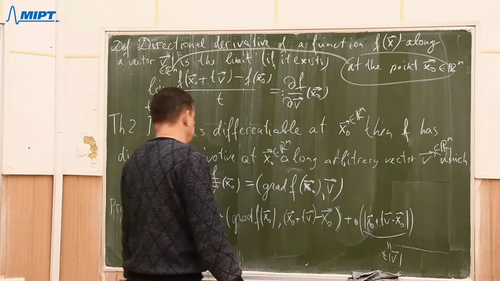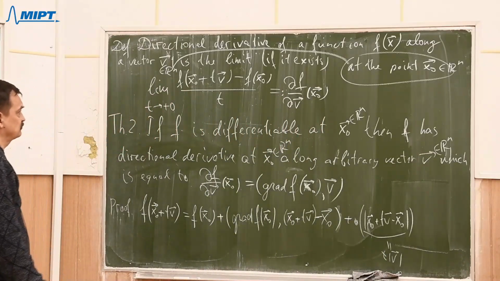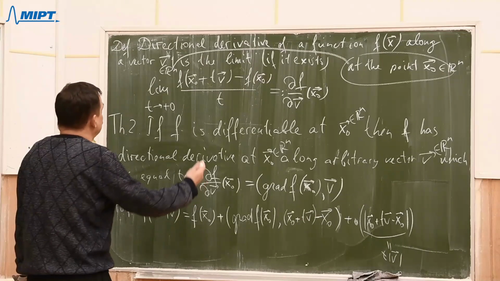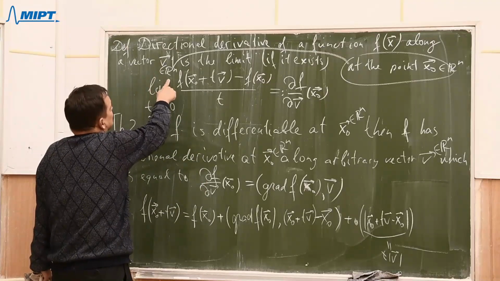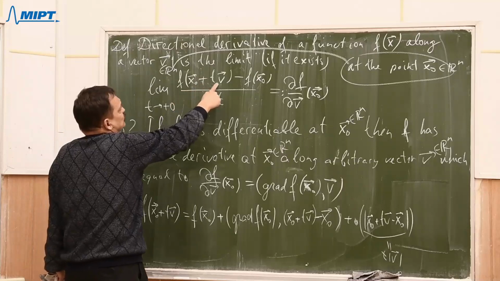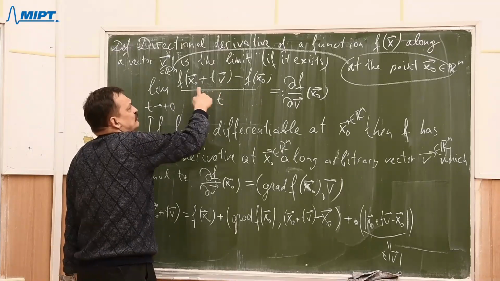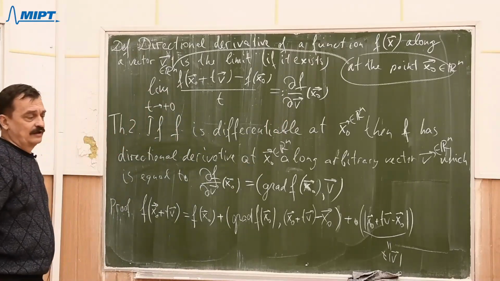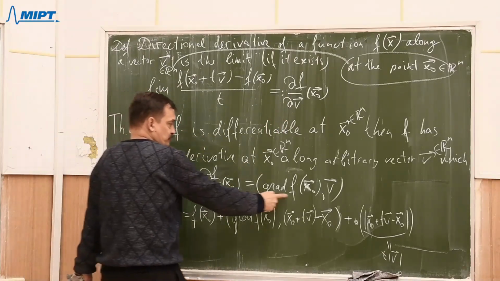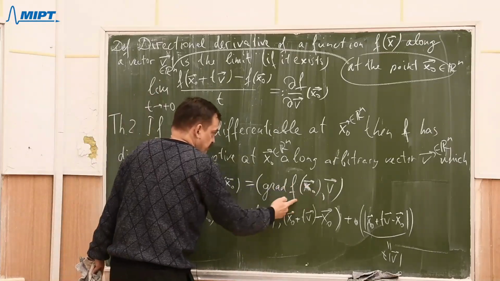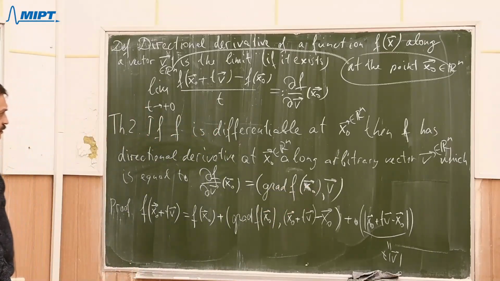Of course, if v equals 0, then it's a little bit trivial. If v equals 0, then we have 0, and automatically it's 0, right? And of course, the formula also holds for v equals 0. 0 equals 0.